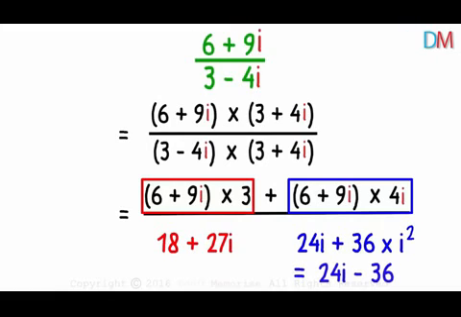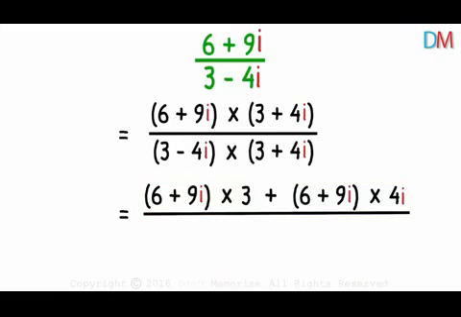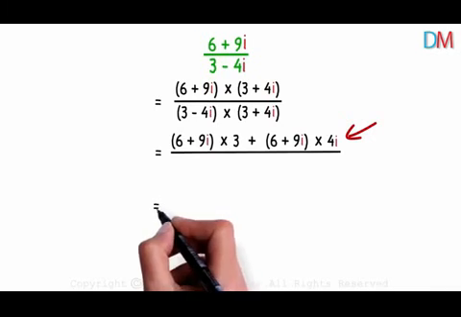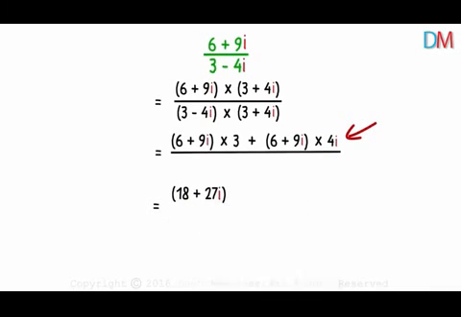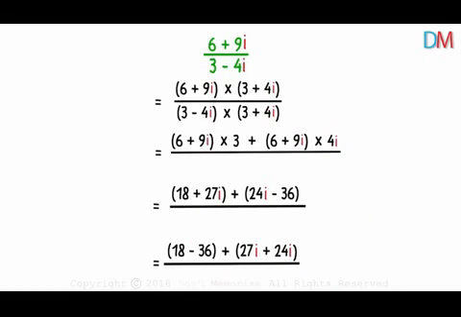That will be 24i minus 36. Hence, the numerator is the addition of 18 plus 27i and 24i minus 36. Adding the real and the imaginary parts separately gives us negative 18 plus 51i. That's our numerator.